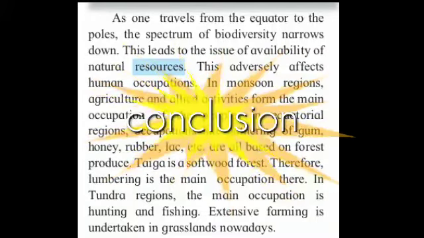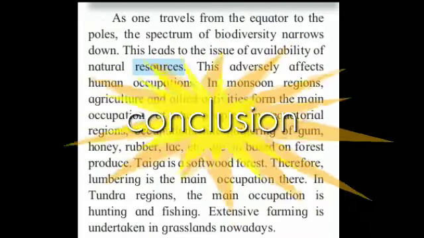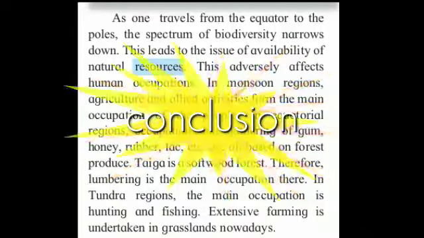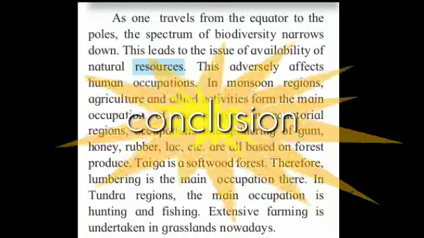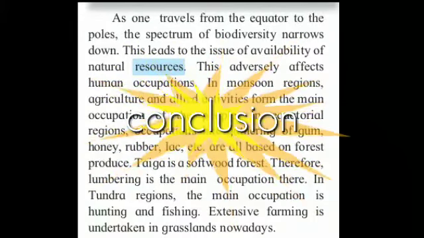In the monsoon region, agriculture and allied activities form the main occupation of the people. In the equatorial region, occupations like gathering of gum, honey, rubber, lak, etc. are all based on forest produce.